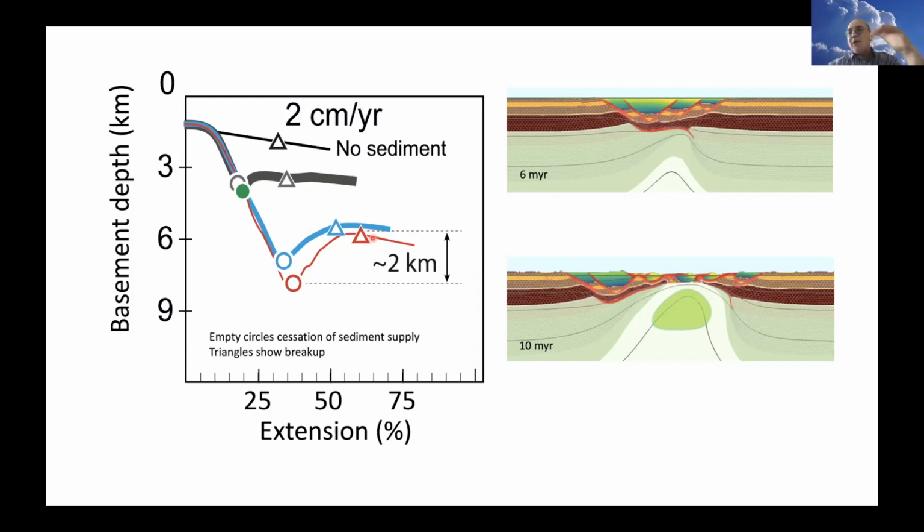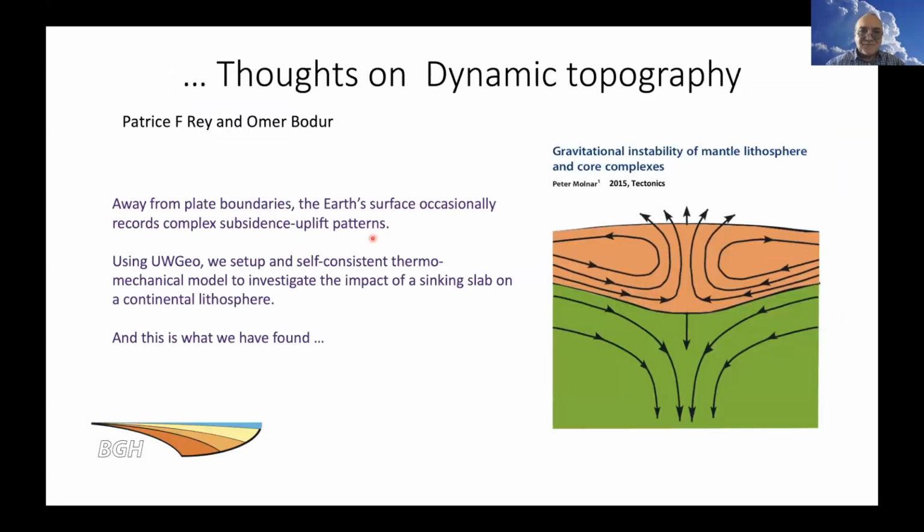So as long as we pile up sediment, this loading impedes the exhumation of the asthenosphere. However, when we stop sedimentation, you have a dynamic imbalance, and then very quickly the asthenosphere rises, and you have this depth inversion. And we are wondering, in fact, if many of the breakup unconformities that have been mapped in many basins and continental margins could be explained in part by this process.